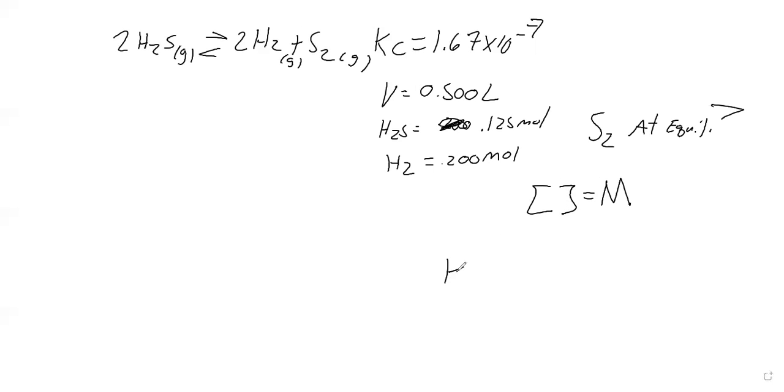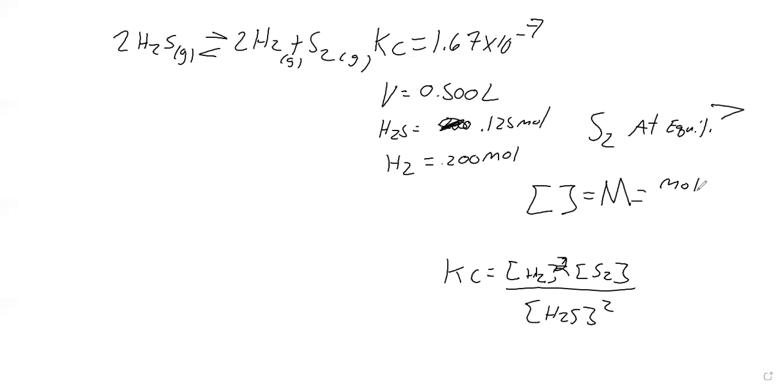For example, let's write our Kc expression. Kc equals [H2] squared multiplied by [S2] divided by [H2S] squared, right? These brackets equal molarity. And molarity is moles divided by liters, right?